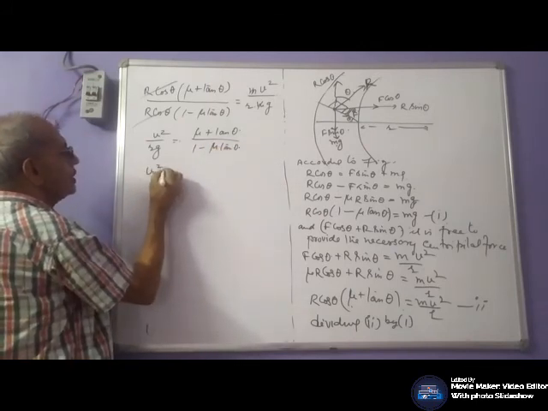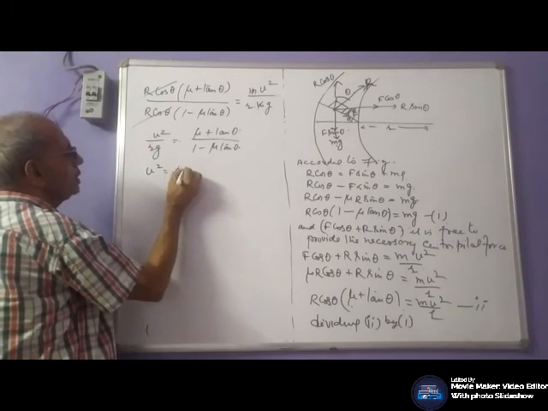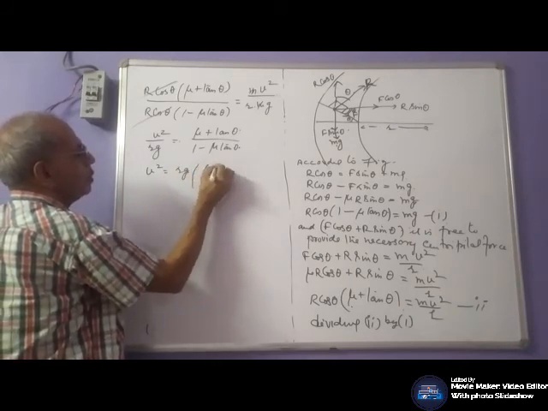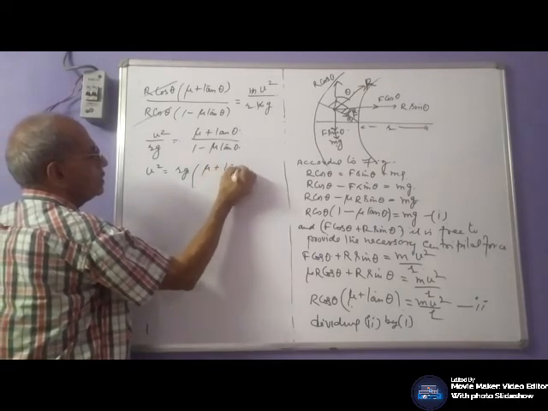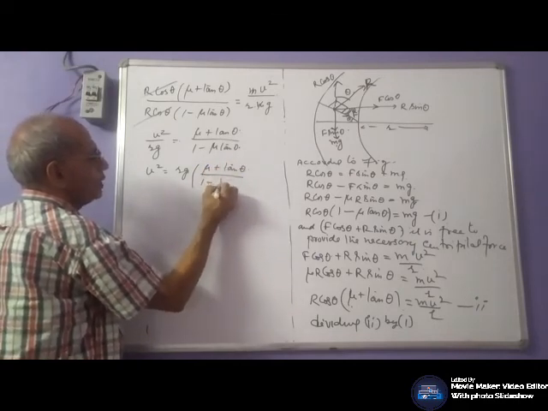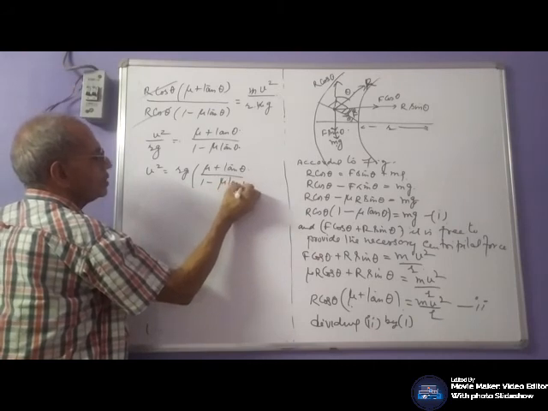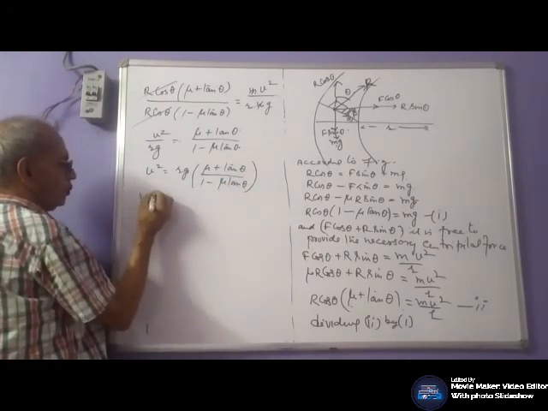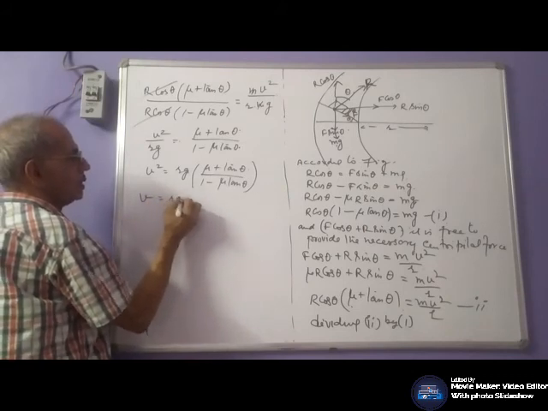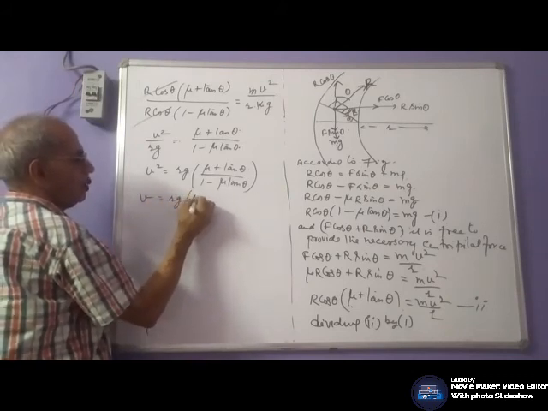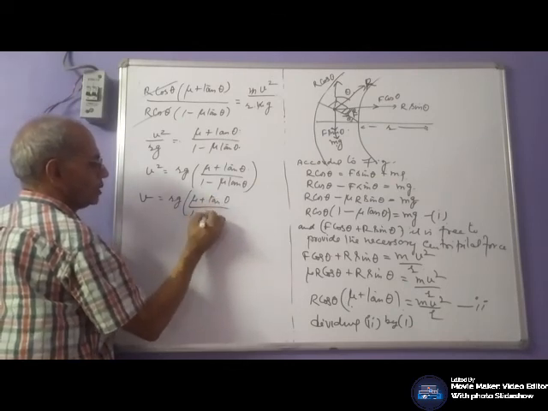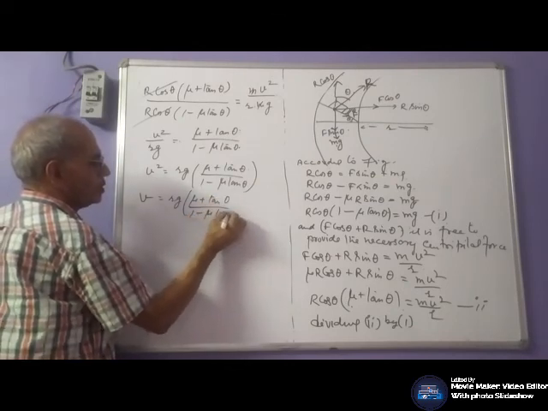Or v square is rg times mu plus tan theta by 1 minus mu tan theta, or v is root of rg times mu plus tan theta by 1 minus mu tan theta.